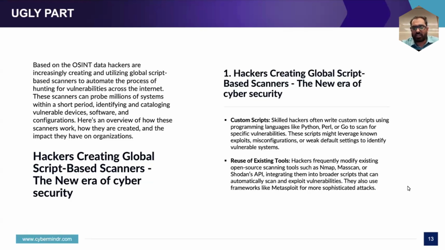These nation state attackers are hunting the most vulnerable assets as an entire group. They go to Shodan and take all the vulnerable assets. Let's say any asset has public MongoDB access, they'll collect all the data and start writing a script, and that script has the capability to scan the entire internet.